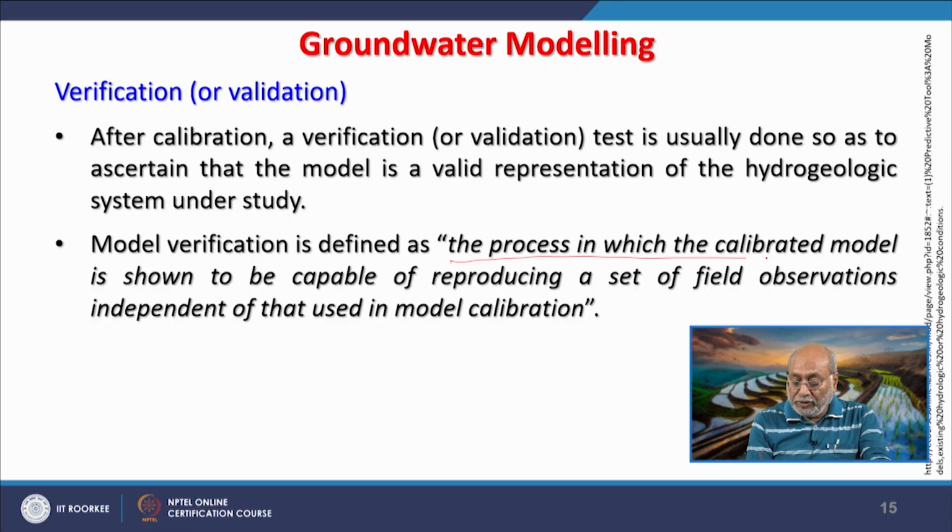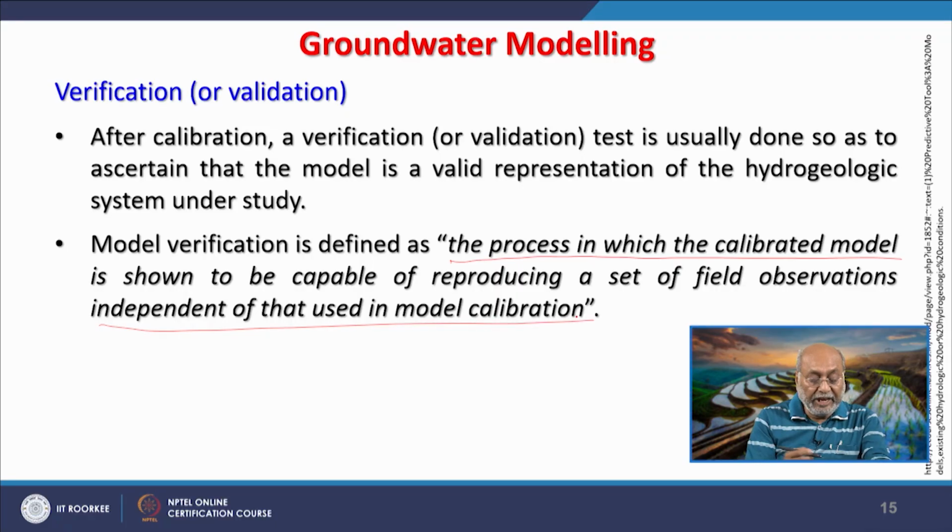So, for this we use this process in which the calibrated model is shown to be capable of reproducing a set of field observations. So, here now no calibration data will be used, and then that becomes our checking or verification or validation.